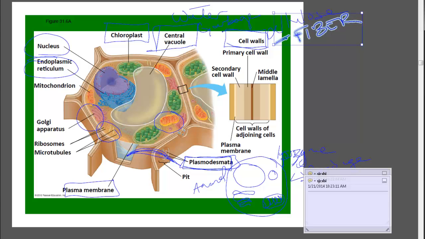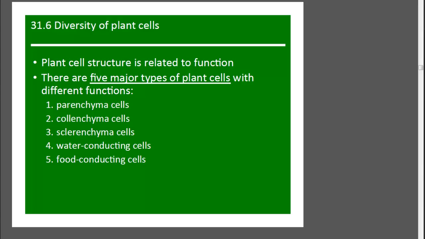So we want to look at actually 5 major types of plant cells. And those 5 major types of plant cells I've listed out for you right here. They have some odd names associated with them, so you have the spellings here.